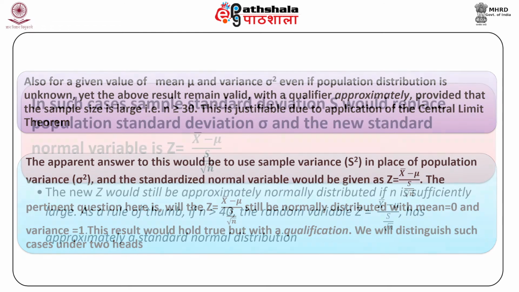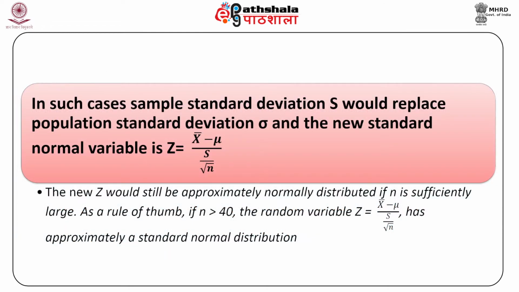Now this result would hold true but with a qualification, and we will distinguish such cases under two heads. One, consider the case where the form of the population distribution as well as the variance are unknown. In such cases, the sample standard deviation s would replace the population standard deviation sigma, and the new standard normal variate would be defined as z equal to x bar minus mu upon s by root n. We must understand here that this new z becomes more variable than the z defined with the population standard deviation sigma.